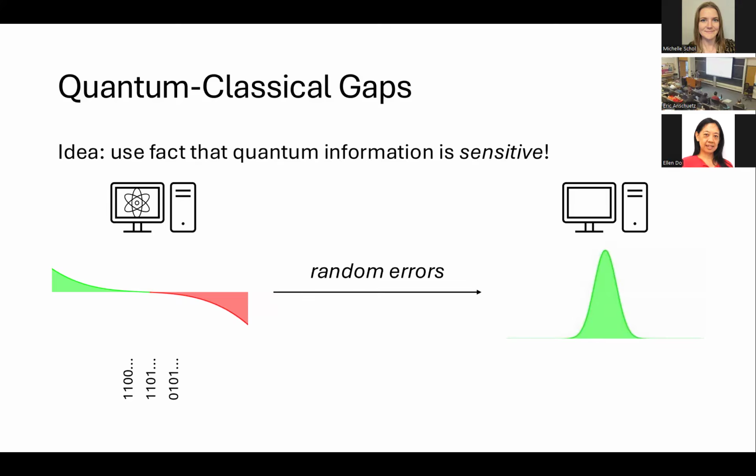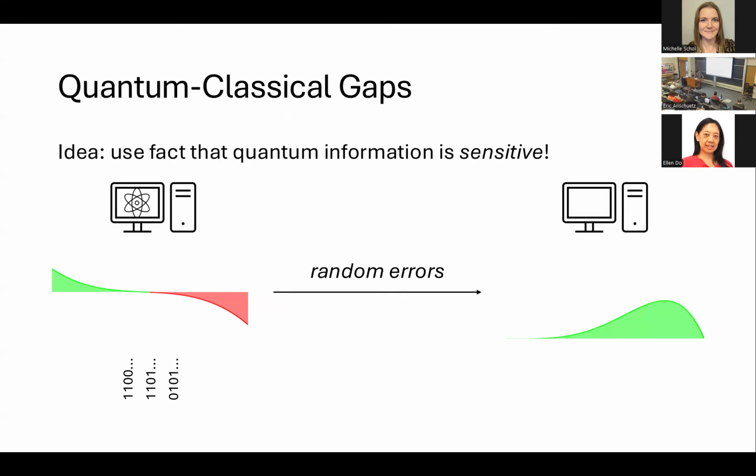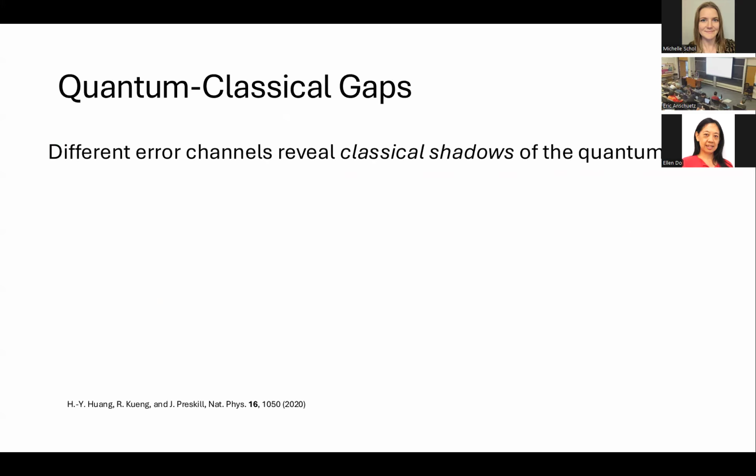One funny feature of this is if I recalibrate my quantum computer, or I have some different error model, the classical distribution I get out from this process is different. If I do it again, I recalibrate, I'll get some other distribution. It turns out, and this idea has been known for a few years now, that these different error channels are revealing what we call classical shadows of the quantum information.